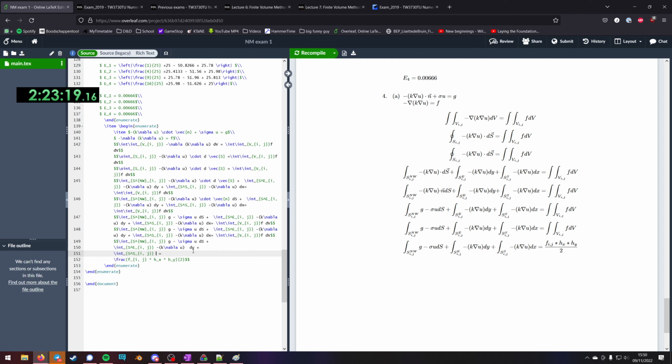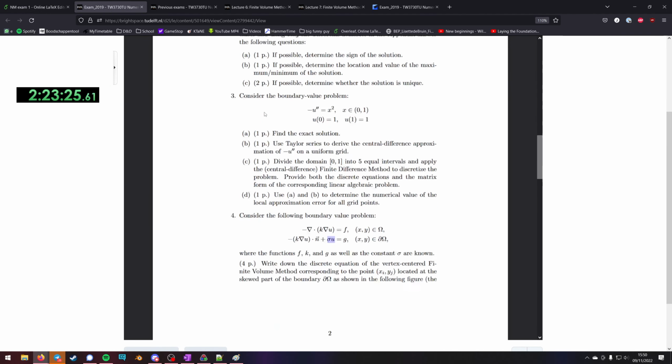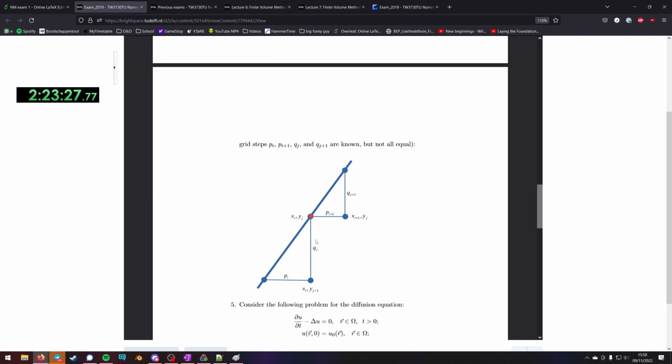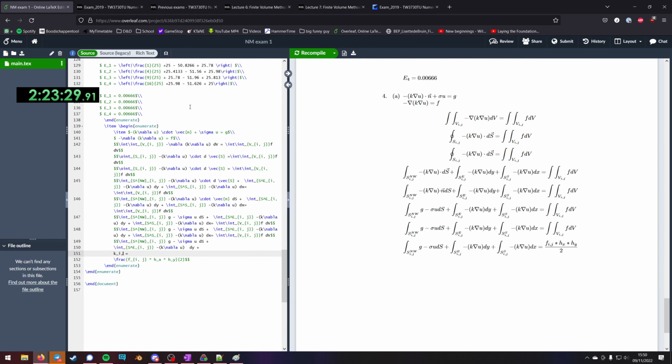So southern side is K, I, J, and which one goes down? It is J minus 1. It's K, I, J minus 1. It's a fraction, of course, because we're dividing by one of the h's. Which one? That's a good question. It is h, I.